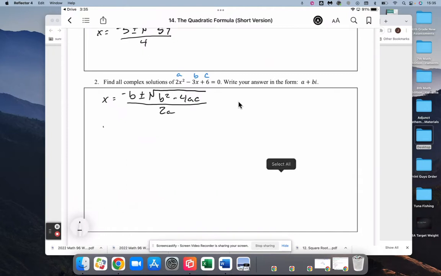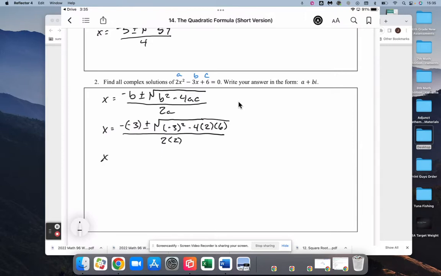And so that's going to get a little bit tricky because we'll have negative b, so negative negative 3, plus or minus the square root of b squared, so negative 3 squared, minus 4 times 2 times 6, all over 2a, so a is 2.